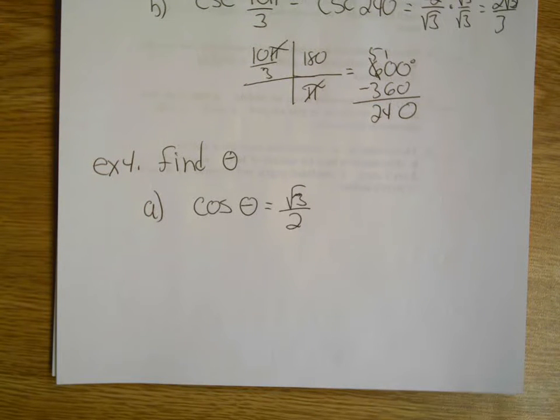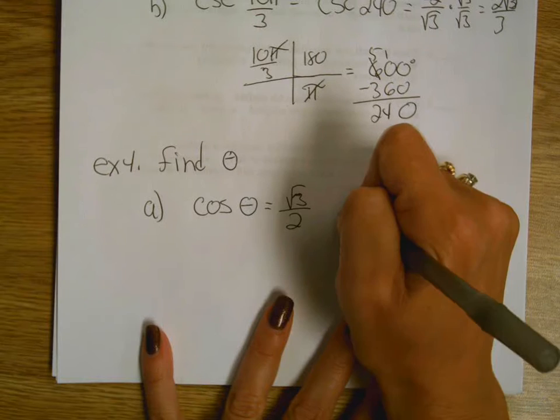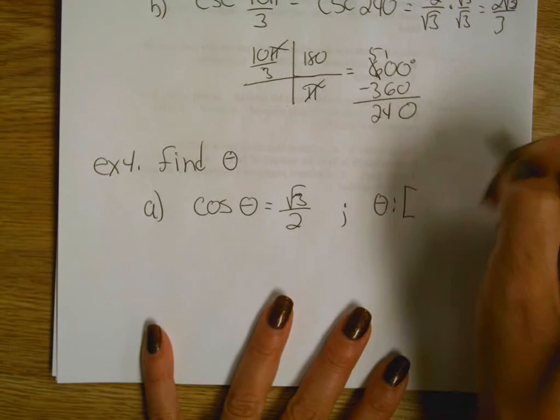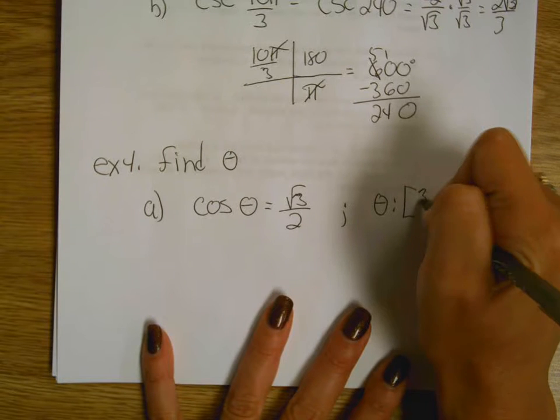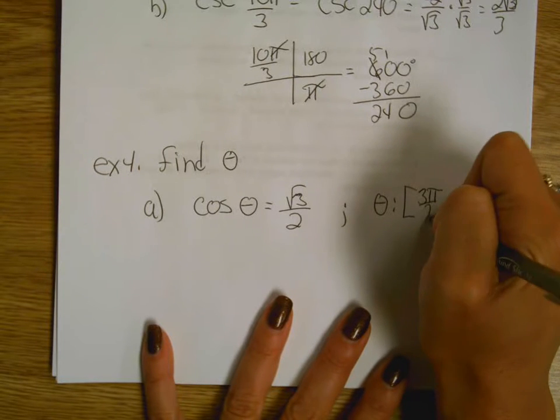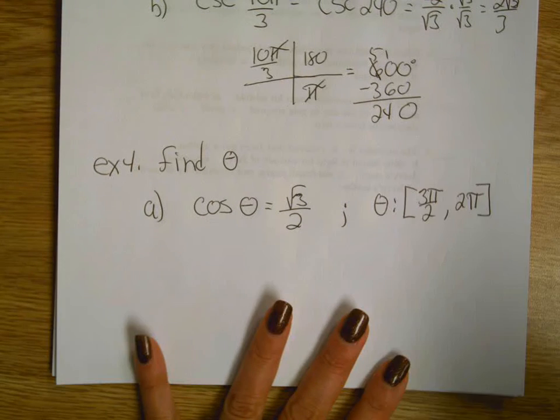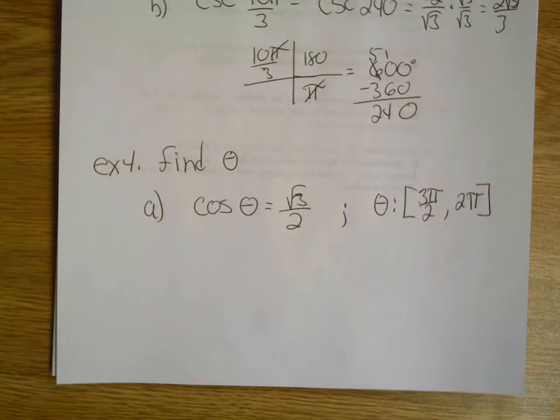Well, which answer or answers do I want? Well, I want the theta that is between 3 pi over 2 and 2 pi. Where's 3 pi over 2 in terms of degrees? What is 3 pi over 2? 270, and 2 pi is 360.